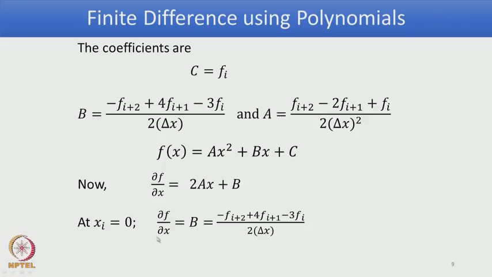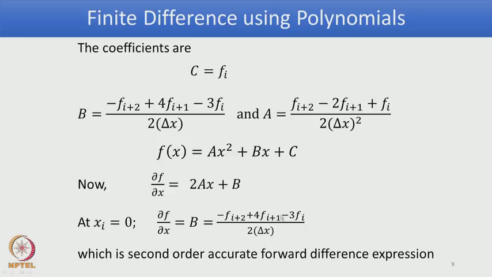So, we replace dou f by dou x and all these terms from the Taylor series expansion and compare terms on either side, left hand side and right hand side. Finally, we get that this scheme is a second order accurate forward difference expression.